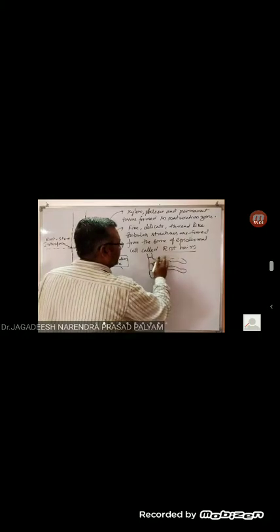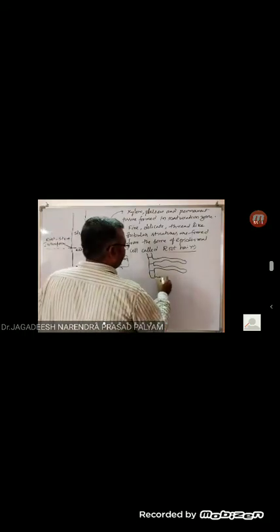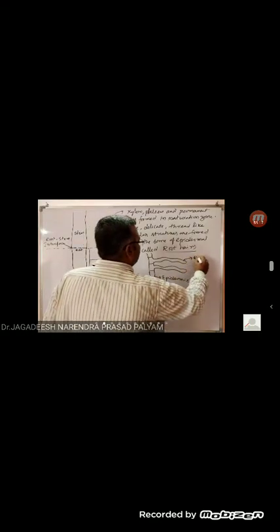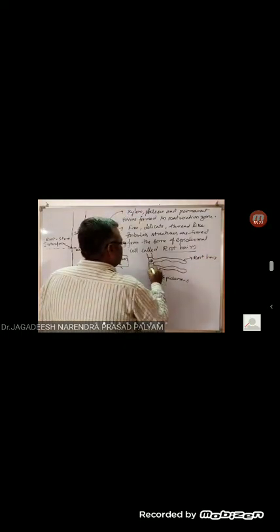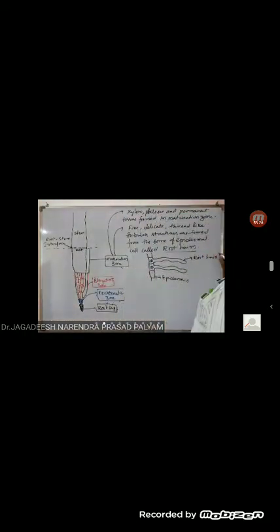This tubular extension itself is called root hair. This is epidermis. And this is root hair. So, this root hair is formed from epidermal cells.